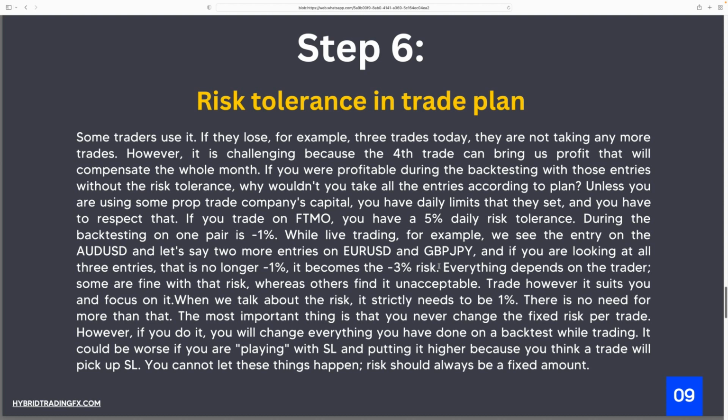So why did I mention that you need to take all of them or take nothing? And why should you not choose? Why is that a discretional approach? It is because pair correlations are the same. They're going to have the same direction, but slightly different price action. So maybe you're going to get stopped out on EURUSD, but GBPUSD is going to barely miss your stop loss and continue in your favor.